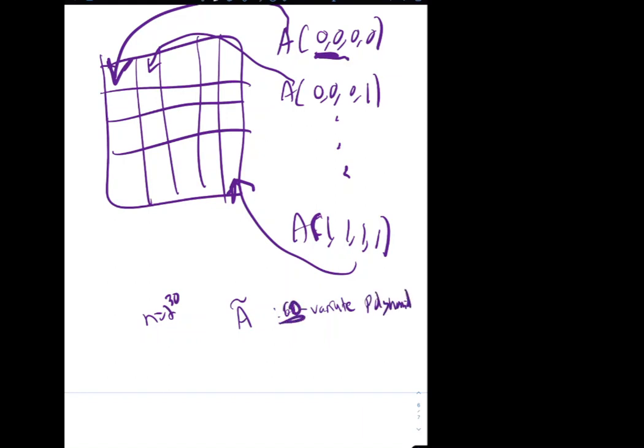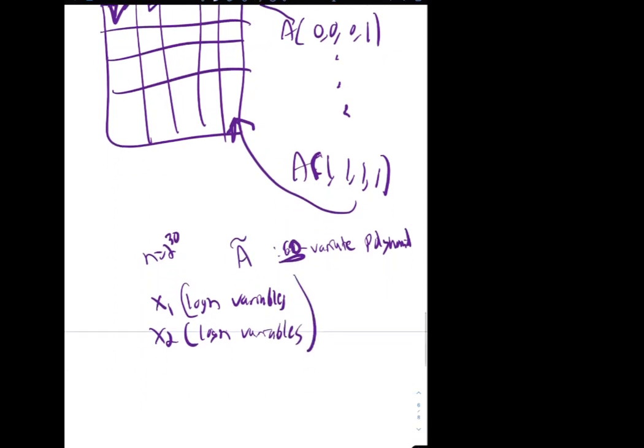And this is going to get even more confusing as I go, because I'm going to start writing the first log n variables as x1, but what I really mean is x1 consists of log n variables, and x2 the second log n variables. It's going to look like there are individual variables, but they're not. I mean them to be vectors of log n variables. So we'll get even more confused as we go.